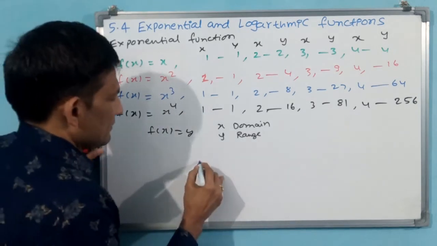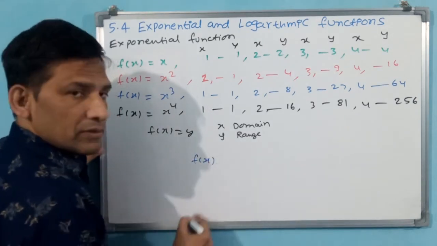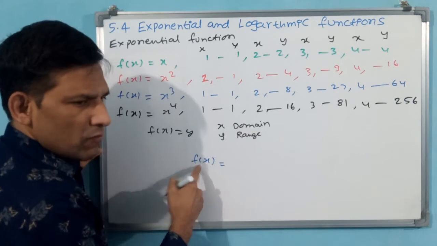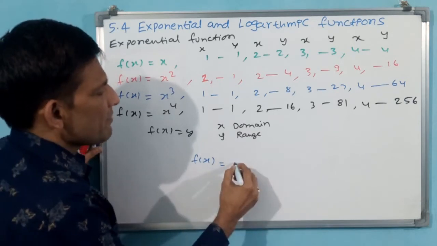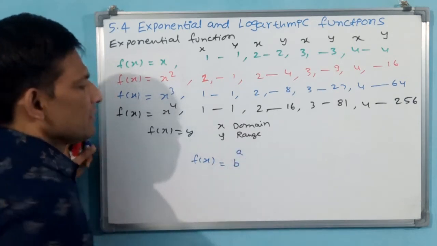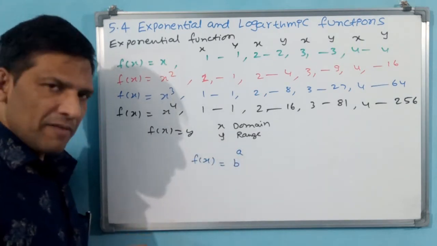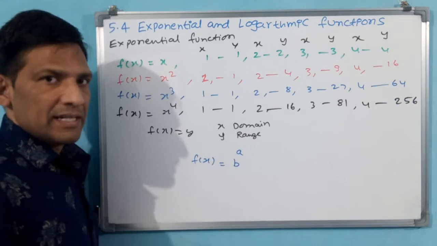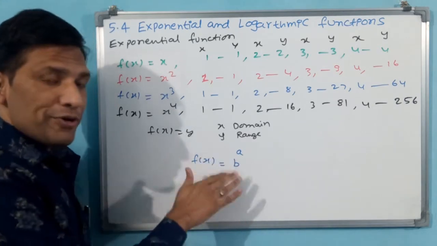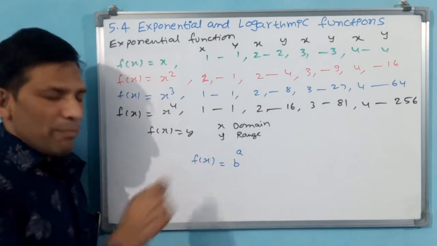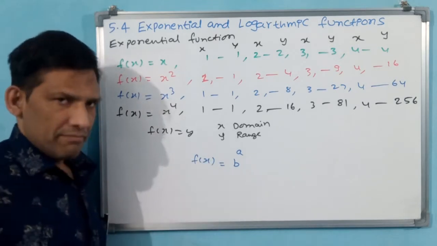if f of x is equal to, say, a power b, shall I take b power a temporarily? Or else I will take b power a only. Afterwards I am going to change this as x, because we are going to standardize the base. That we will tell afterwards. You see here, b is base, that is why I have taken b.